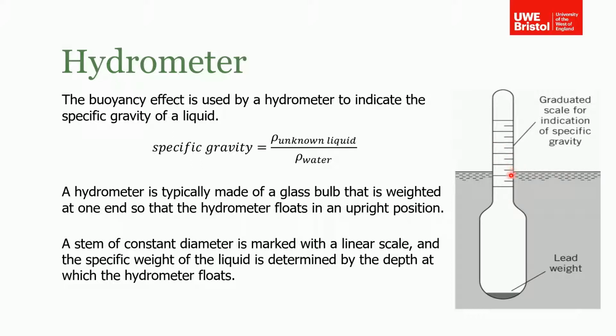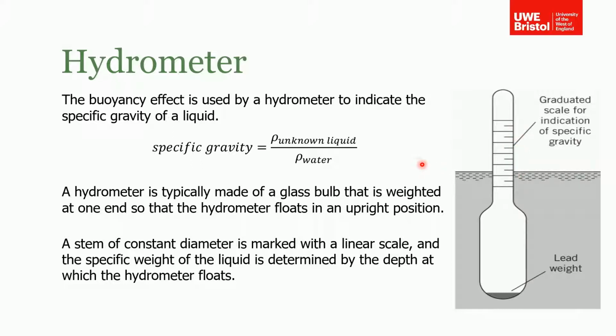If you have a denser liquid, then the buoyancy force will be higher, so it'll sit higher out of the surface, so this graduation will be shallower, nearer the top. Whereas if you have a liquid of a lower density, then the buoyancy force will be less, so it will submerge even more, and the level will be nearer the top of the graduations.